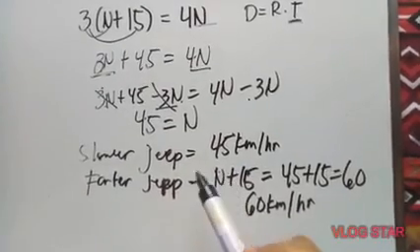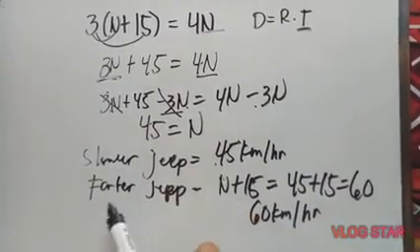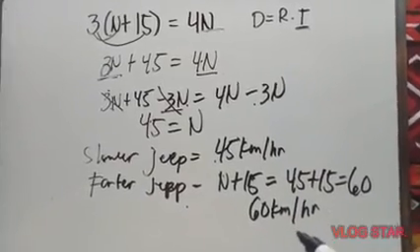Therefore, the speed of the slower jeep is 45 kilometers per hour, and for the faster jeep is 60 kilometers per hour.